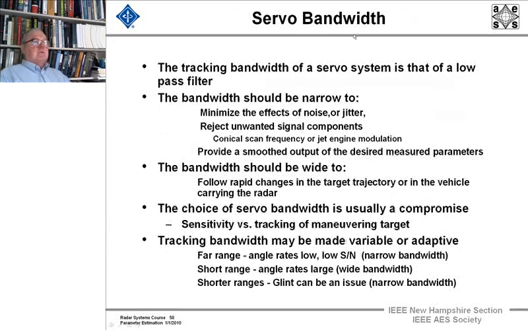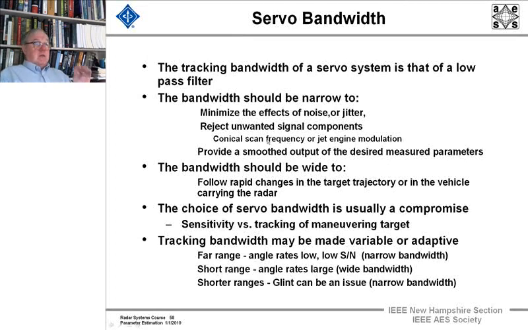Now, the servo systems have a bandwidth. The tracking bandwidth of the servo system is that of a low-pass filter. You want the filter to have a low bandwidth to minimize the effect of noise or jitter, and reject unwanted signal components such as jet engine modulation or conical scan frequencies.